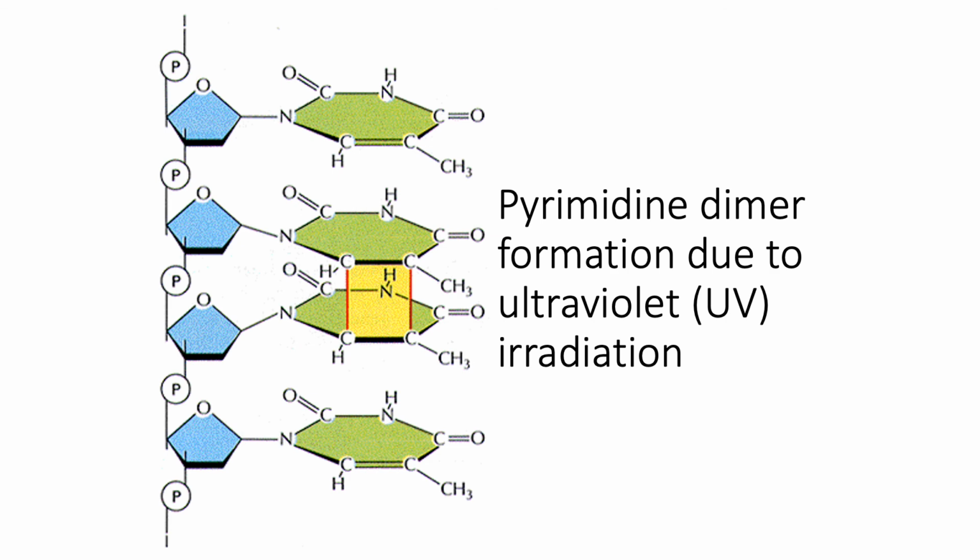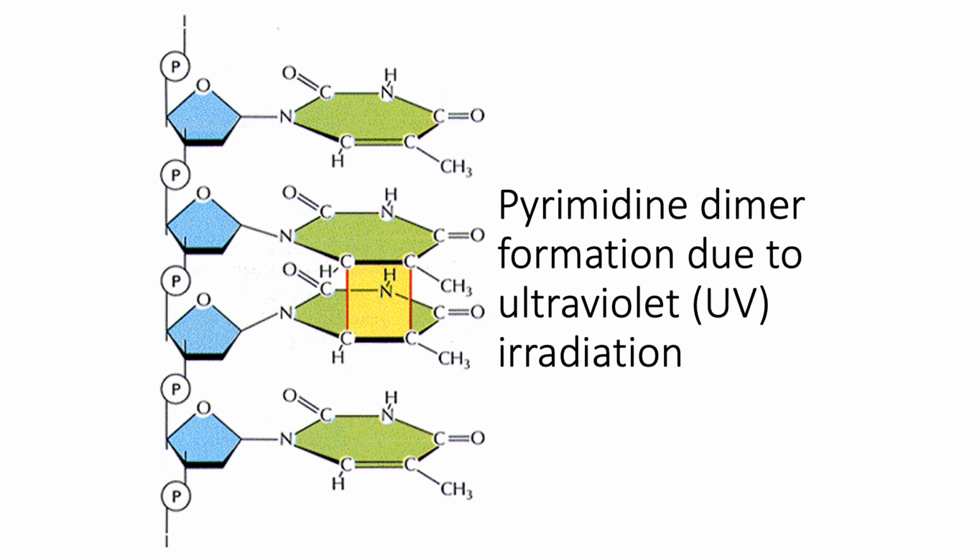The other issue that we could have is if you're exposed to ultraviolet light, it can form these pyrimidine dimers. So if there are two pyrimidines next to each other on the DNA and they're exposed to ultraviolet radiation, they form a dimer between those two bases.